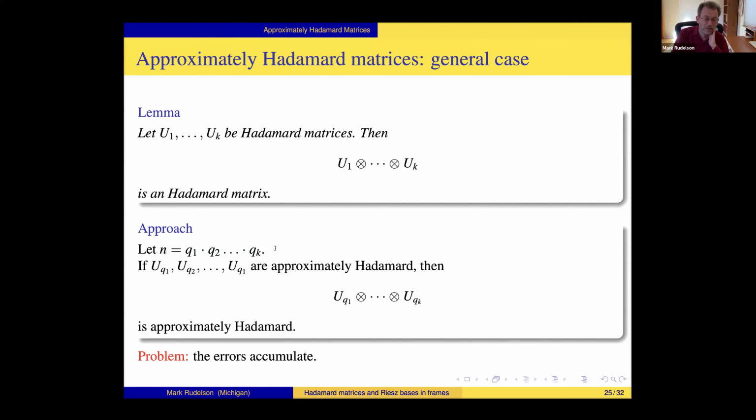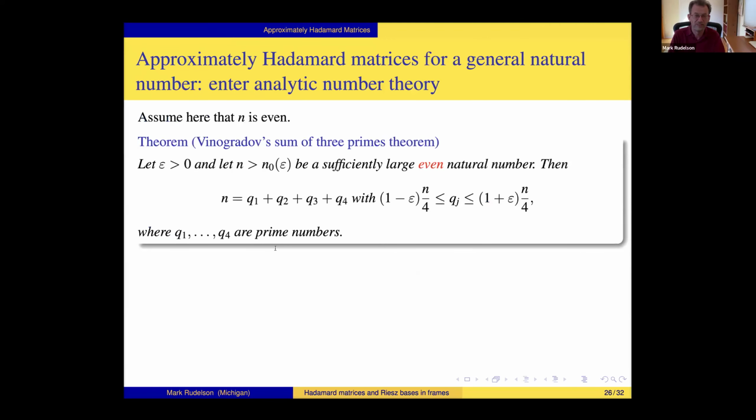Well, so this means that we want to use these blocks, which we already constructed, and we want to use a bounded number of blocks. Is there a way to construct a natural number from a bounded number of primes? Actually, this is one of the pinnacles of the analytic number theory, and this is Vinogradov's sum of 3 primes theorem.